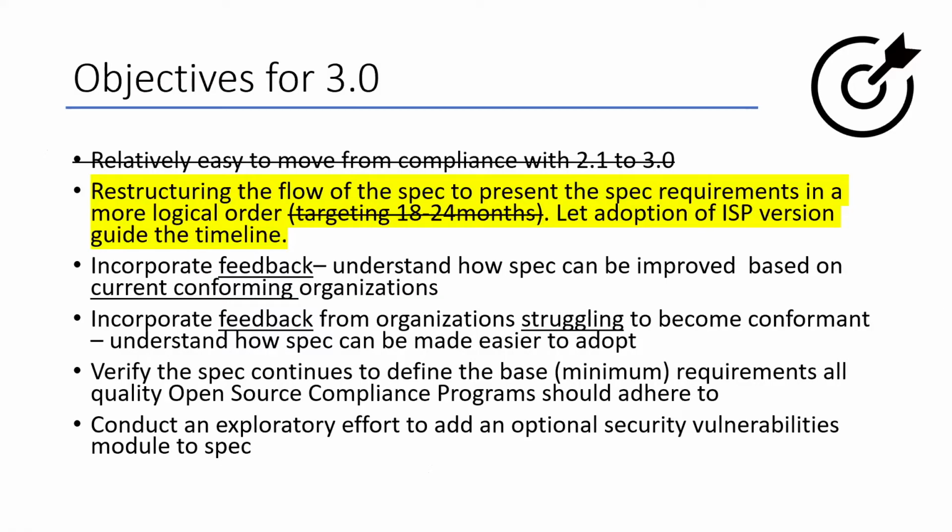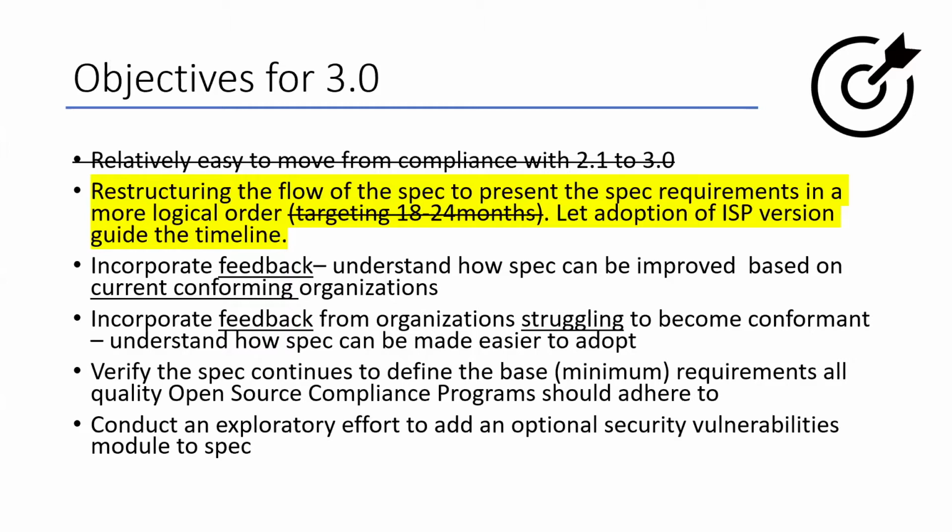Okay, so it's always helpful to update where we think the current objectives are, and they're slightly evolving. And we did discuss last meeting to accept this potential restructuring of the flow of the document. It was also recommended that we not necessarily put a time frame on it of like say 18 to 24 months, but let's just get the ISO version out there and let's start seeing how people adopt it.